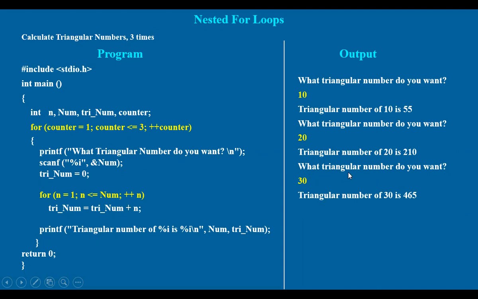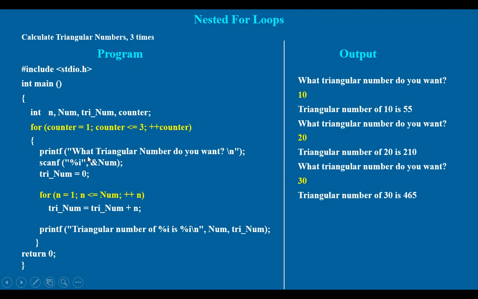There is no further statement asking what the triangular number is, because when it has come to this position and goes back, the counter value is 4 now. It is not less than or equal to 3. So when the value of counter is 4, it won't execute again and comes out of the loop. That's why it has not asked this statement.